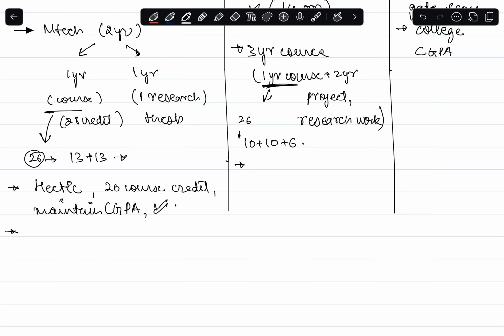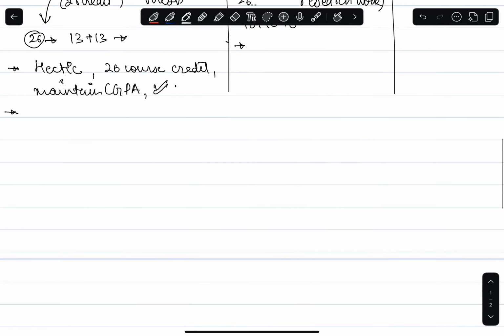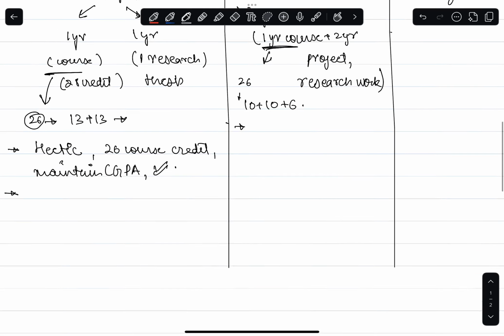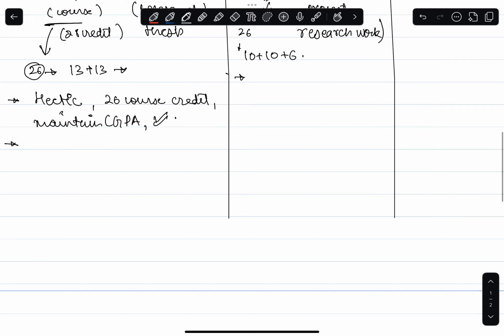Now I will come particularly to the electronics people. I will not be talking about electrical because I don't have any knowledge of that, so I won't be able to guide you much. But I have knowledge of electronics GATE, so I will be sharing all that. Mostly people have this in the RA.